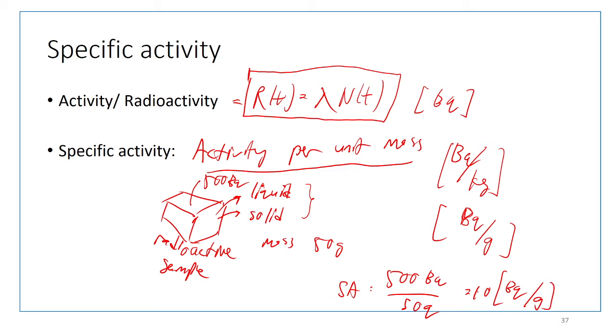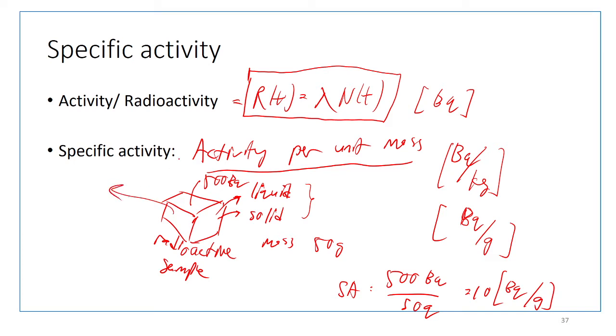So if you possess 1 gram of the sample, then the activity of the sample is 10 Bq, meaning that the sample is decaying at the rate of 10 decays per second. If you possess 2 gram, then the activity will be double, which is 20.